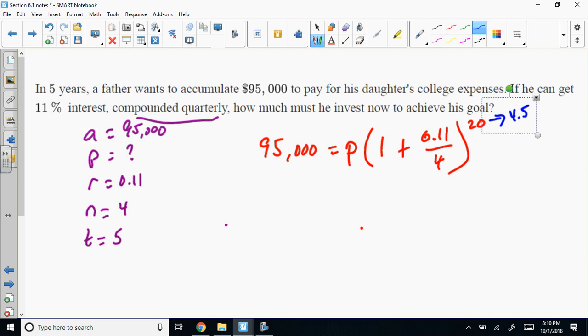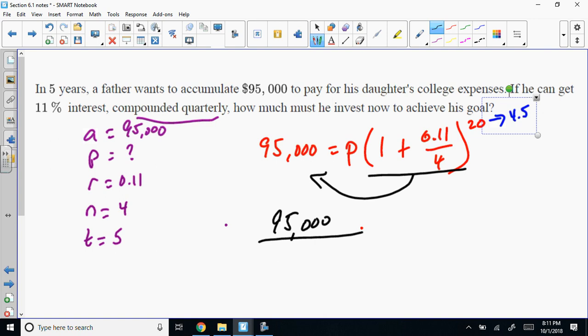N times T. So what you're going to do is basically take this and move it over here, right? It'll be 95,000 divided by, let's just go ahead and get what this is going to be: 0.11 divided by 4 plus 1 raised to the 20th.